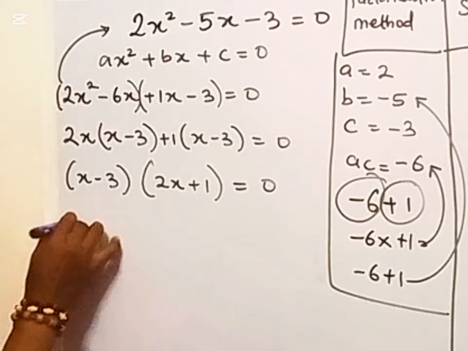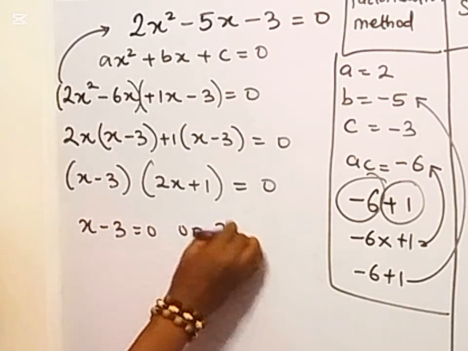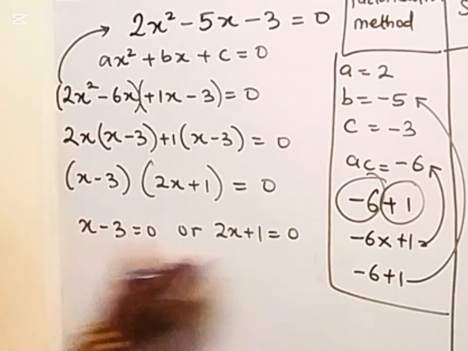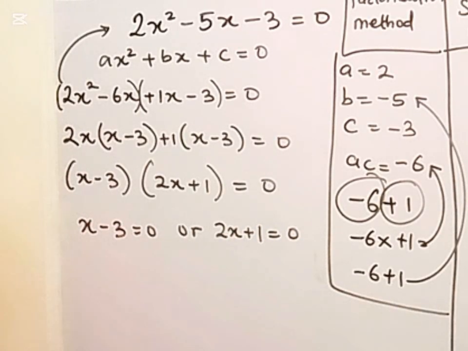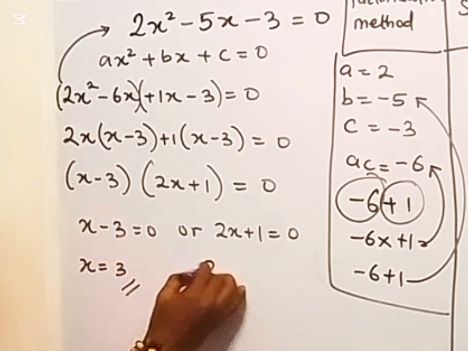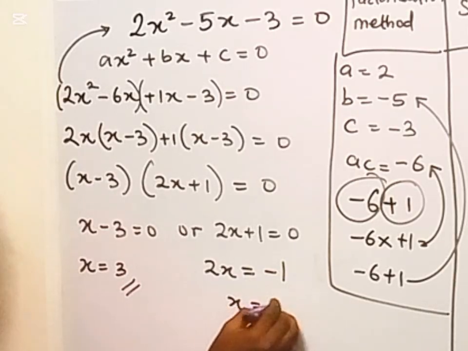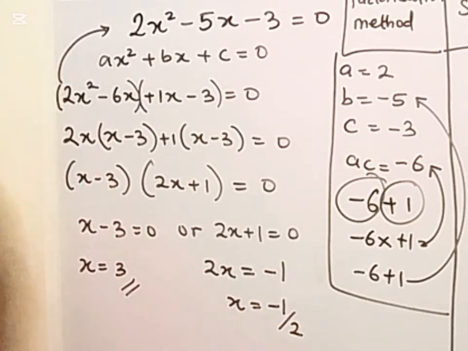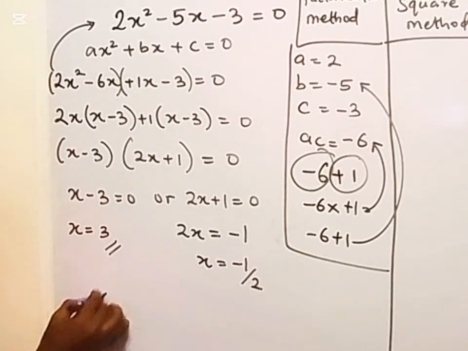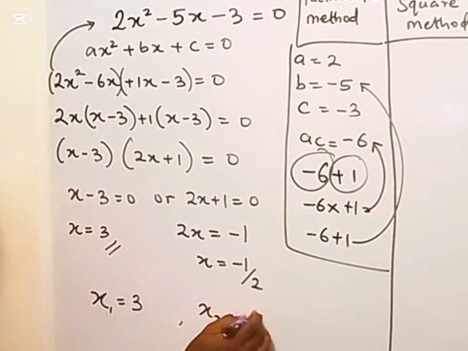So I can now see at this point that x minus 3 equals 0, or 2x plus 1 equals 0. So I have two values of x. So here I can say x is what? 3, and 2x is equal to minus 1, so x equals minus 1 over 2 when you divide both sides by 2. So these are my two values of x: the first one is 3, and the second is minus 1 over 2.